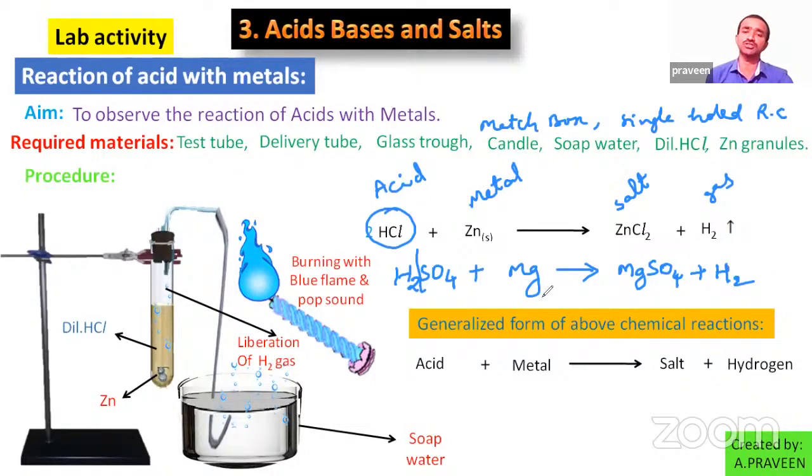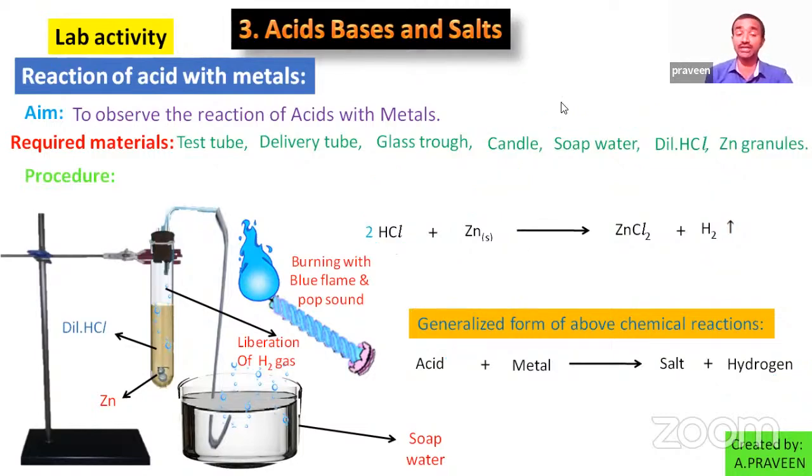So these are the products. See here, this is an acid, this is a metal piece, and you obtain a liquid, which is the salt, and the gas is liberated. We can identify the gas as hydrogen. So we can write the generalized equation: the acid and metal reaction produces the salt and the liberation of a gas. So this is the lab activity.